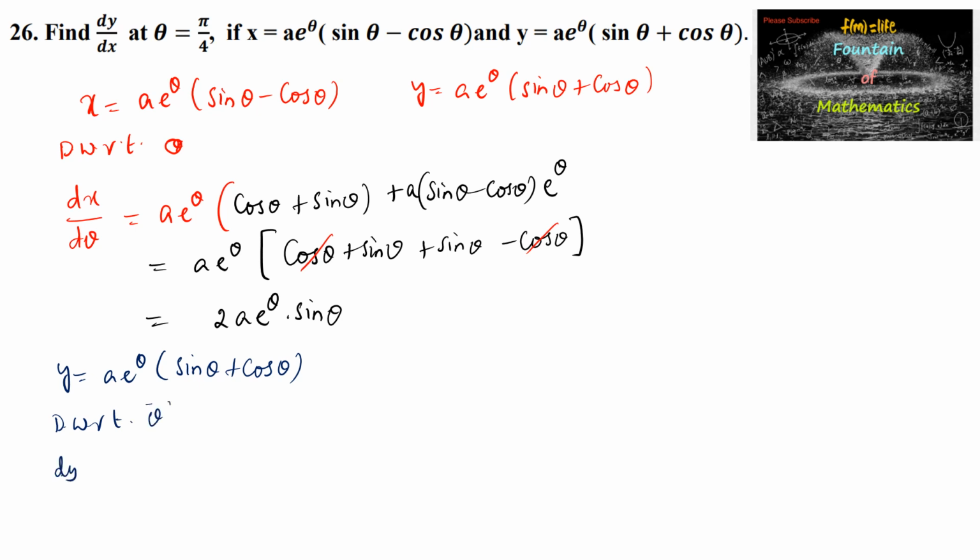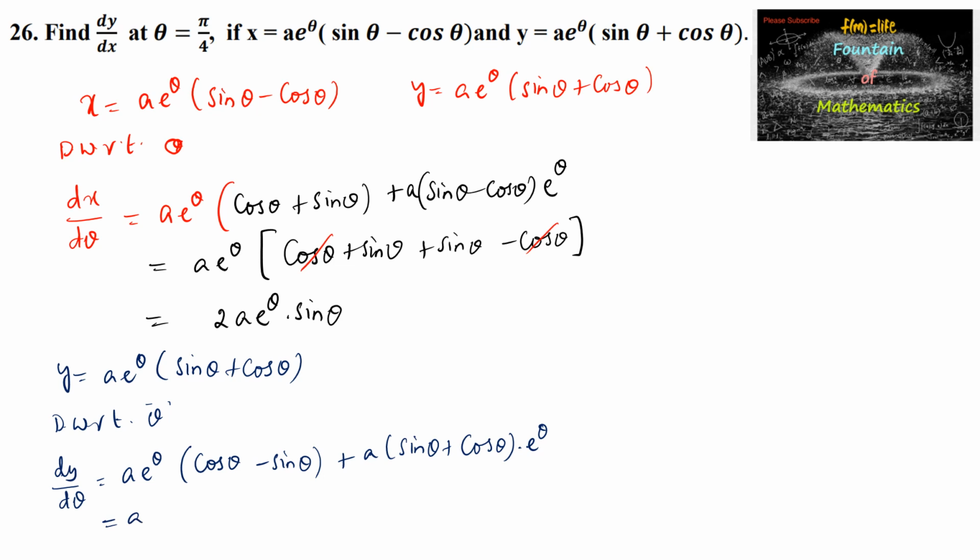So we have dy by d theta is equal to a e power theta into sine theta differentiation is cos theta and cos theta differentiation is minus sine theta, and again plus a into sine theta plus cos theta times differentiation of e power theta is e power theta.